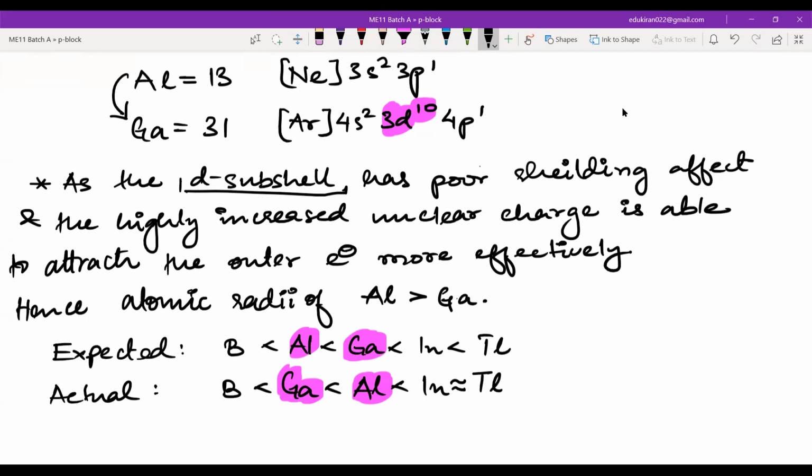But since we have a very high jump in the effective nuclear charge, and atomic radius is the distance from the nucleus to the outermost electron, we are effectively talking about how much the nuclear charge can attract the electrons. If it can attract easily, the atom will be very small. If it cannot attract easily, it will be a very large atom.